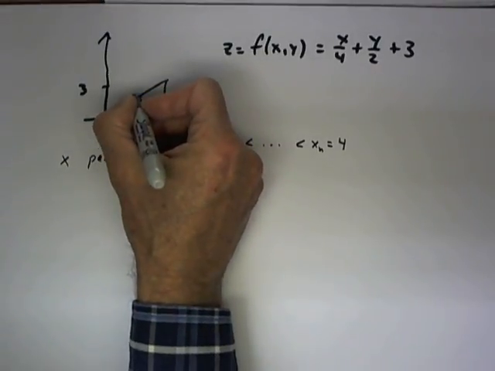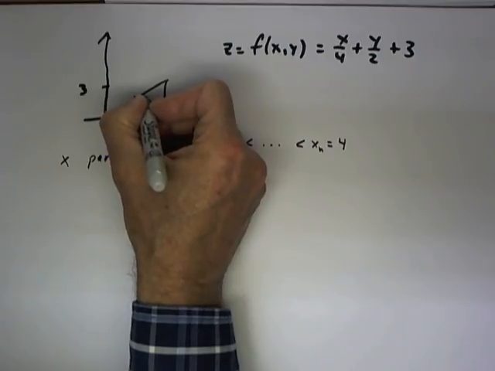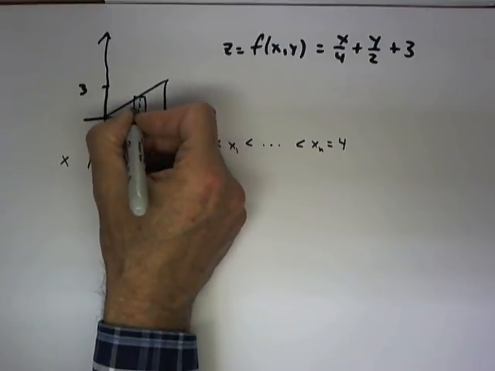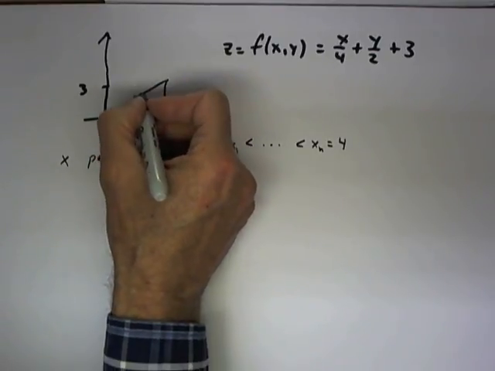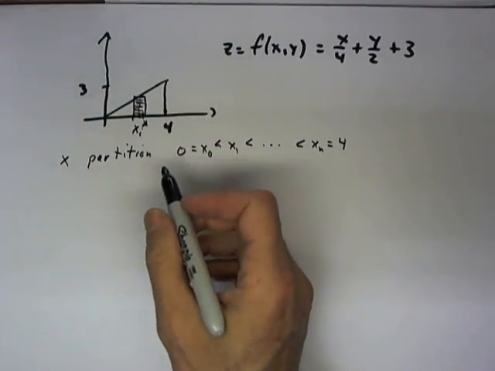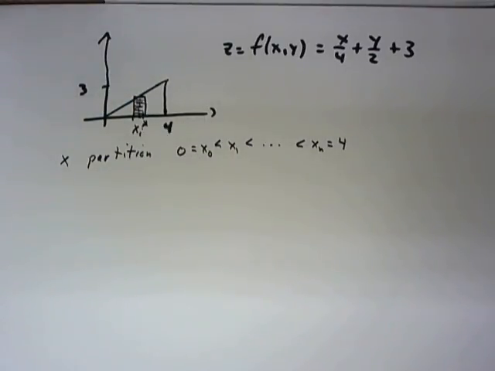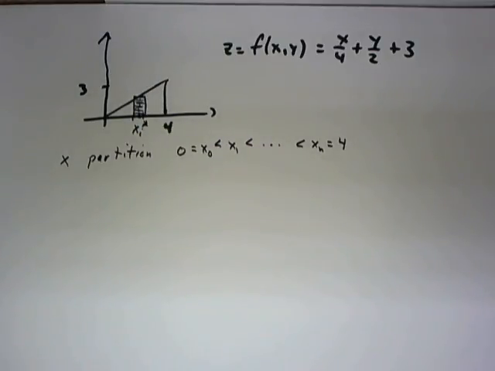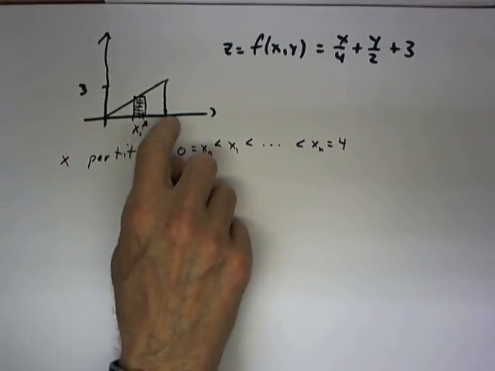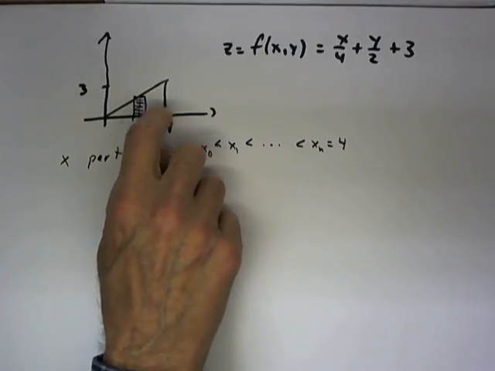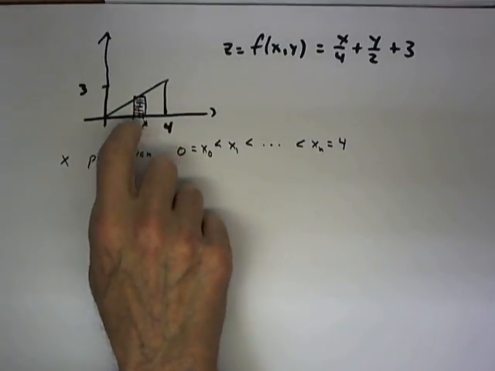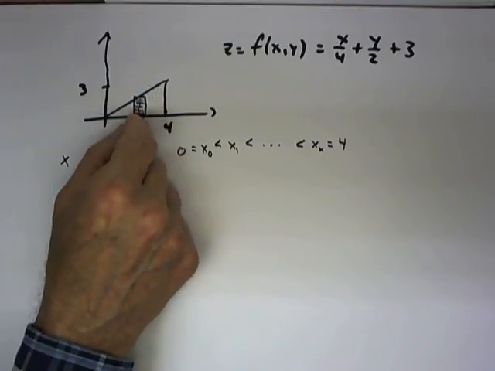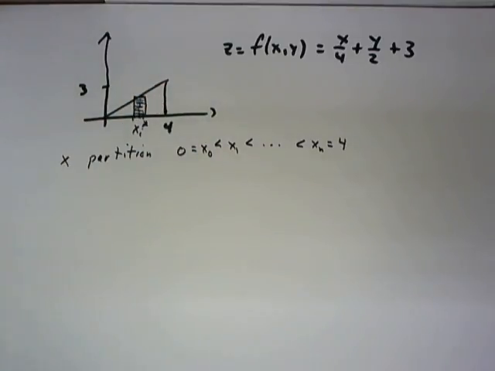If we want to represent this part of the triangle by a strip in the y direction, then we're going to have to partition the interval from here to here with respect to y. In this case, there are a number of simple ways to do that. The slope of this line is we go up 3 for every 4 units we go to the right, which means that the y value here is going to be 3/4 of whatever xi star is, because xi star is this distance, and this triangle is going to be proportional to this triangle, and so forth.